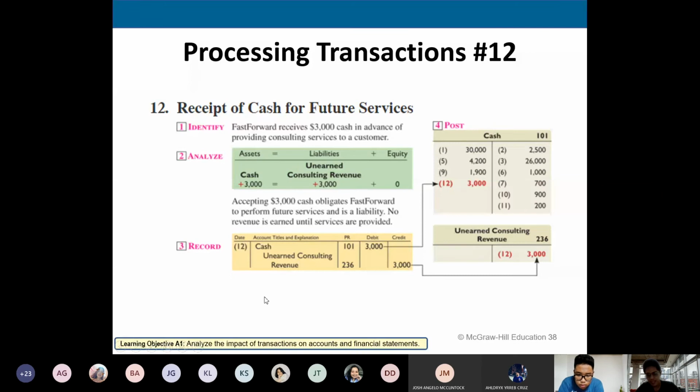Ang magre-reflect lang sa equity natin is earned. Take note, everything that is unearned is considered a liability. Magiging equity account lang yan pag earned na. Let's take note na. Nagets ba? Okay. Sige, next.